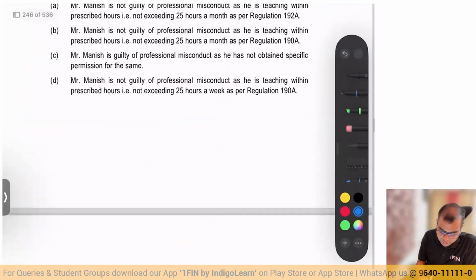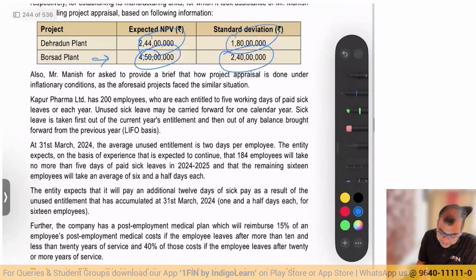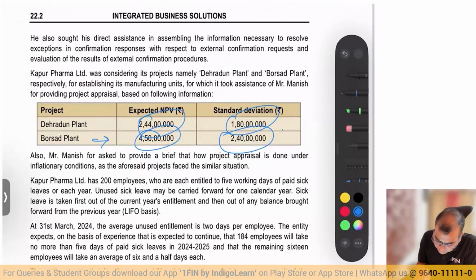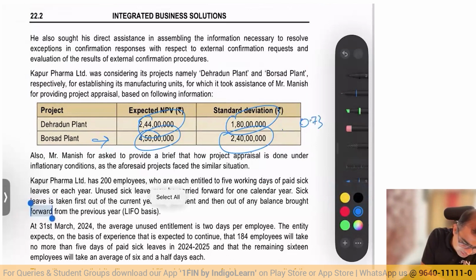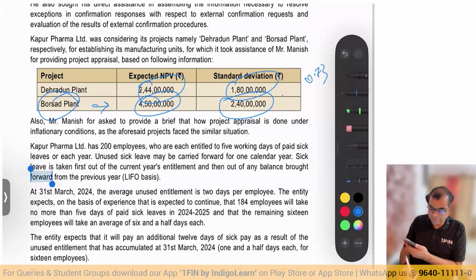So if you come back and look at this, here 1.8 crores by 2.44. So 1.8 divided by 2.44. Here the coefficient of variation is 0.73. Then the other one is 2.4 divided by 4.5, which is 0.53.